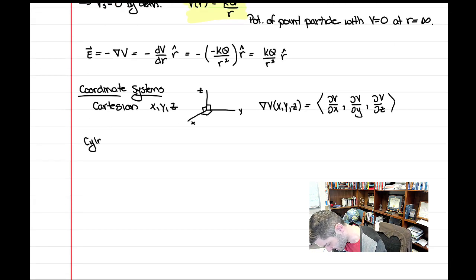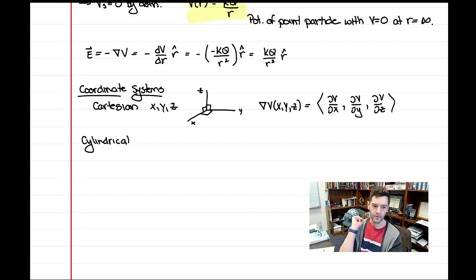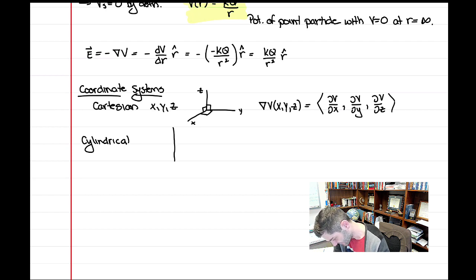There's cylindrical. Or sometimes the 2D version, this is called polar, where, let me draw the 2D first, here's my Cartesian axes.